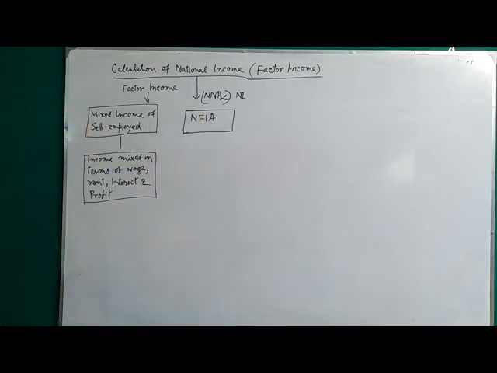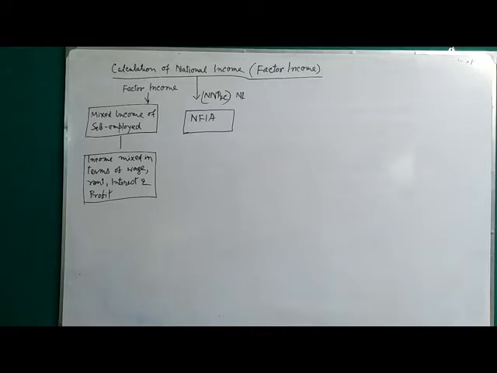How can you calculate this? The total income earned by the domestic country in other countries of the world, minus the total income earned by non-resident people, that is the citizens of other countries except India, should be deducted. Then you will get net factor income.